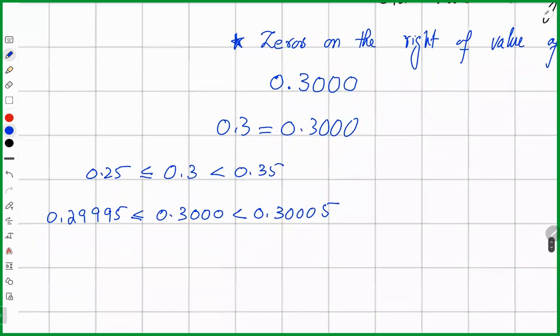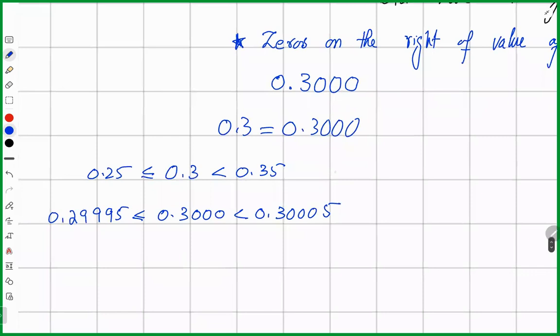So you will find that this number is less accurate and this number is more accurate. So this is the way of comparing the significant figures.